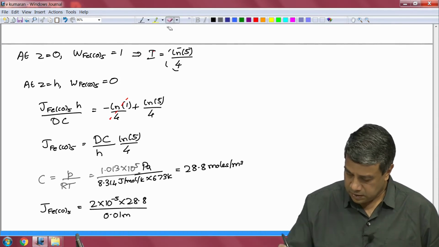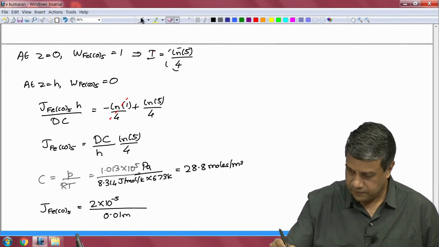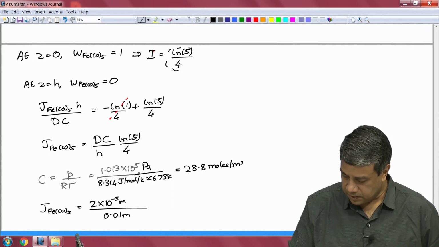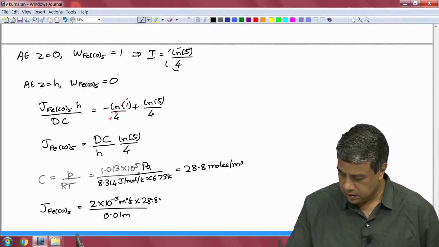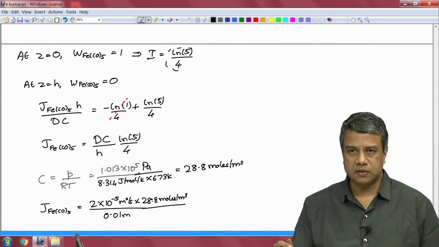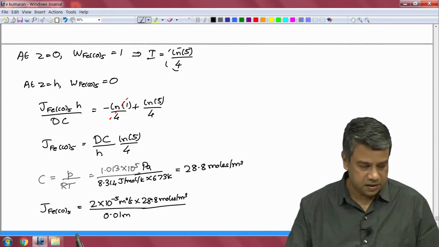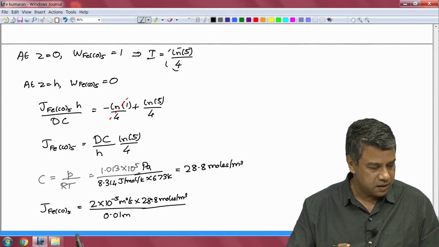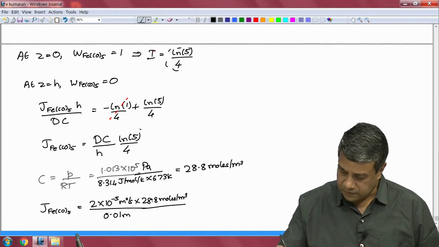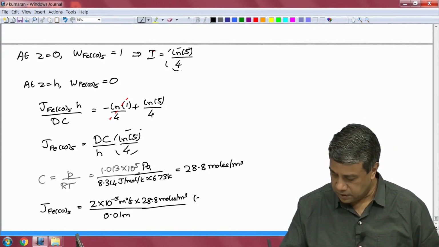And over here I have meter square per second into 28.8 moles per meter cube. If you put the units in, you will be able to immediately see that the dimensions are all consistent. Into this factor of log of 5 by 4.